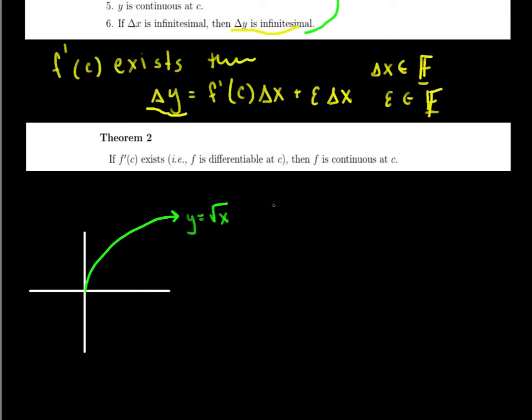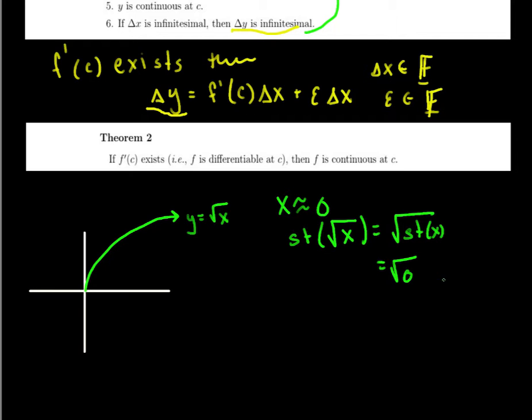In fact, we know that if h is infinitely close to 0, then the standard part of the square root function is equal to the square root of the standard part of x, which is the standard part of 0, which is 0. So the standard part is equal to the square root of 0. By the basic definition, it is continuous at 0.